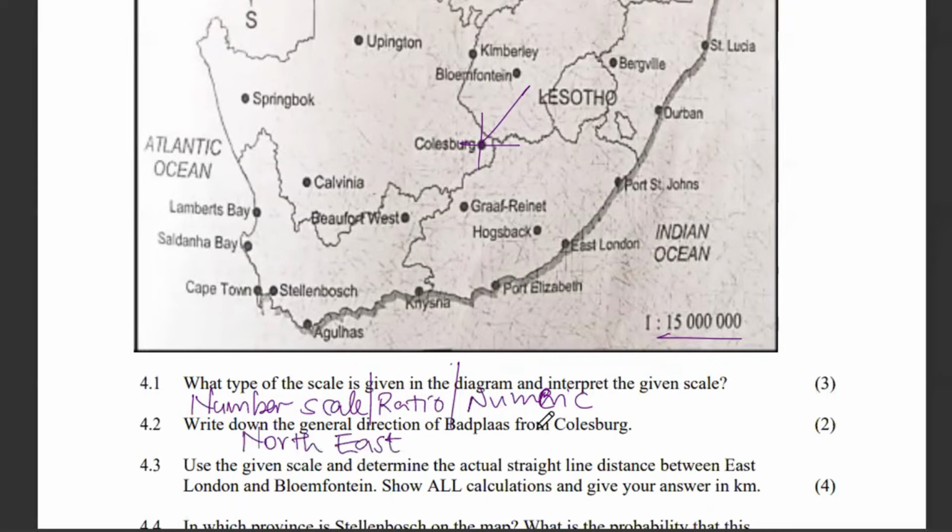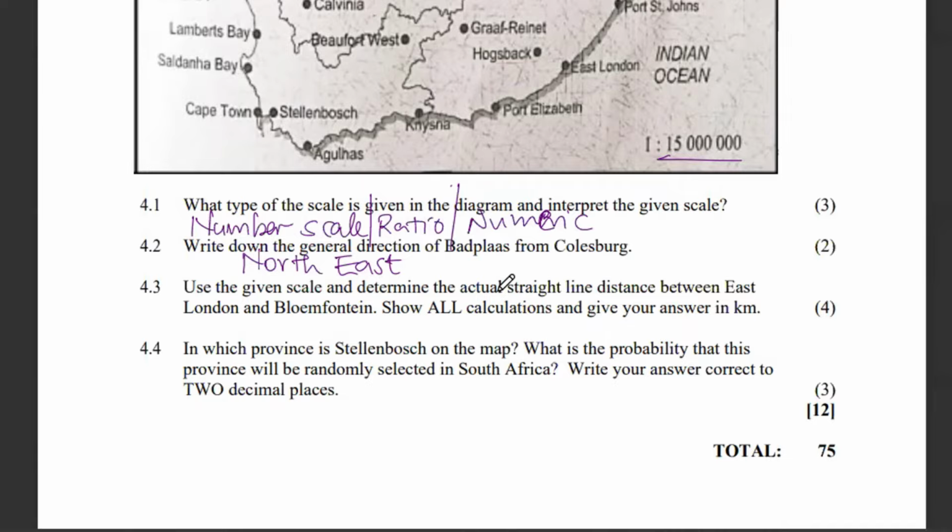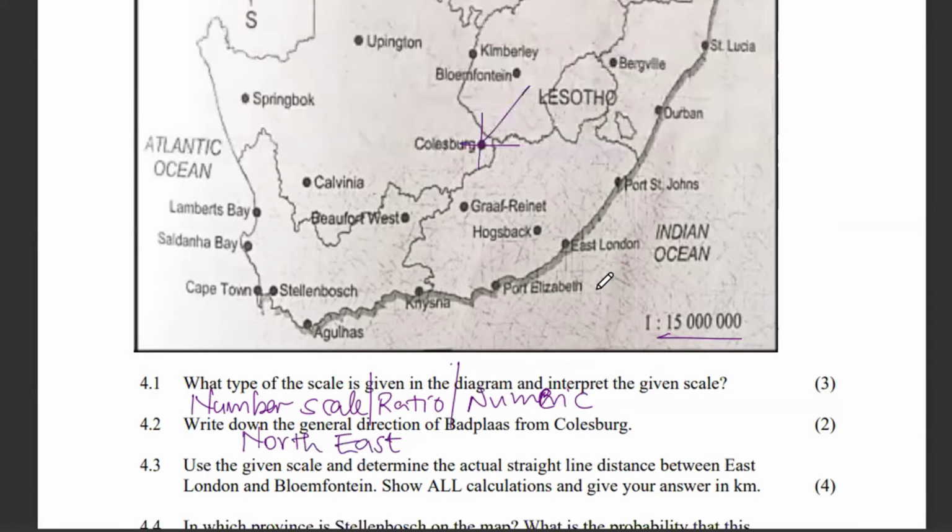Northeast. Use the given scale and determine the actual straight line distance between East London and Bloemfontein. Show all the calculations. Use the scale and determine the actual straight line, which is the actual distance, between Bloemfontein and East London.